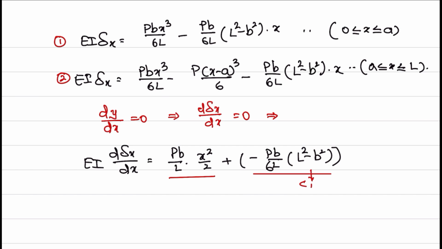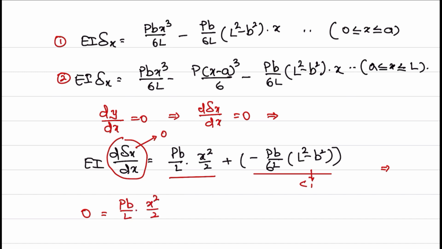Now, all the values are there. This should be equal to 0. We should make it 0 for maximum deflection. That implies 0 is equal to PB by L into x square by 2 minus PB by 6L into L square minus B square.